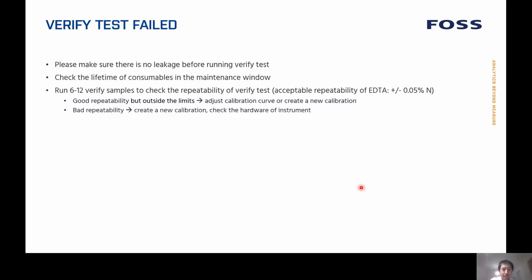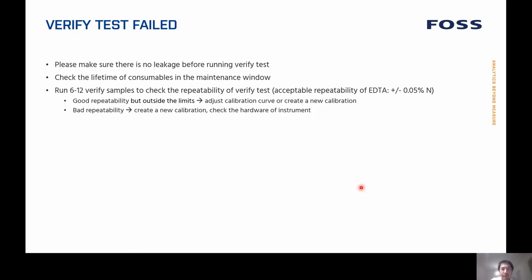And when the verification test fails, here are a few tips on what you can do to figure out the problem. So always please make sure there's no leakage before you run the verification. If there's a leakage, it will get low result or unstable result. And then you also need to check the lifetime of the consumables and ensure all the consumables are in the range, with no issues.